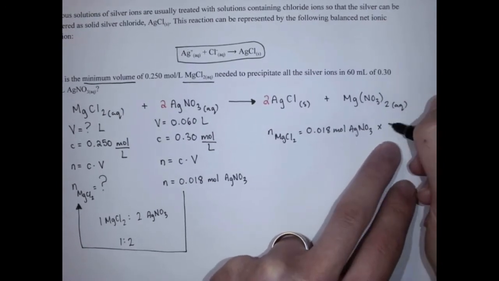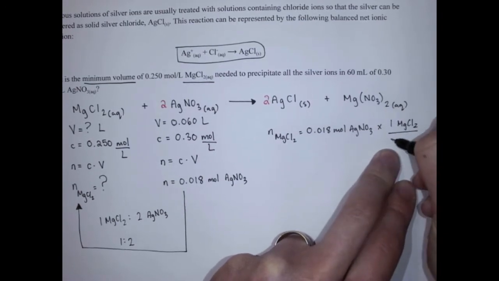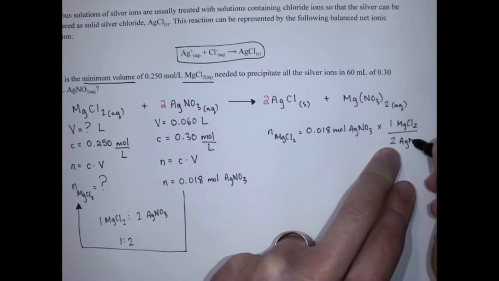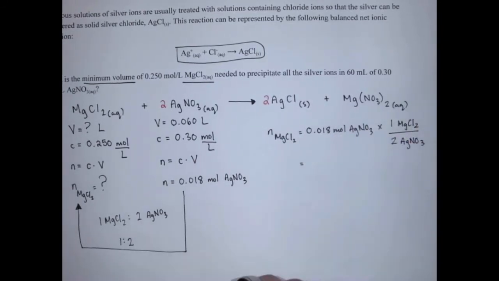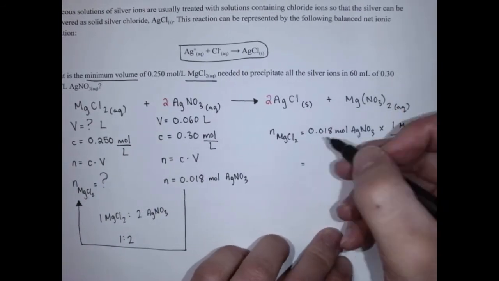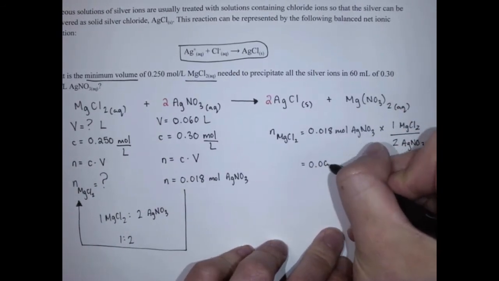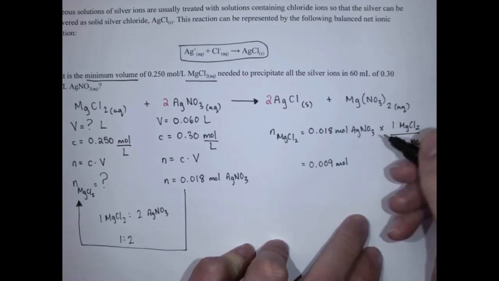My mole ratio is 1 magnesium chloride for every 2 silver nitrate. And you can probably do this math in your head. This is half of this amount, so that would be 0.009 moles of magnesium chloride.